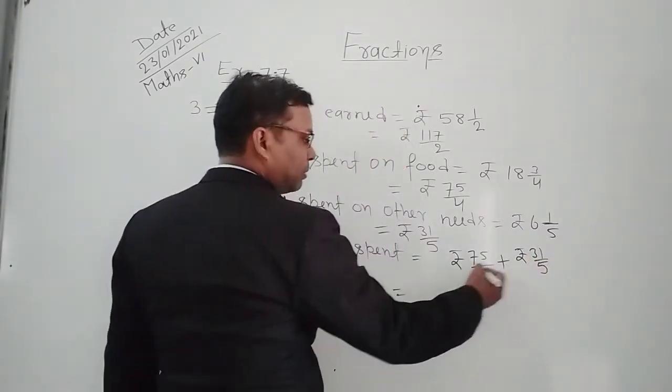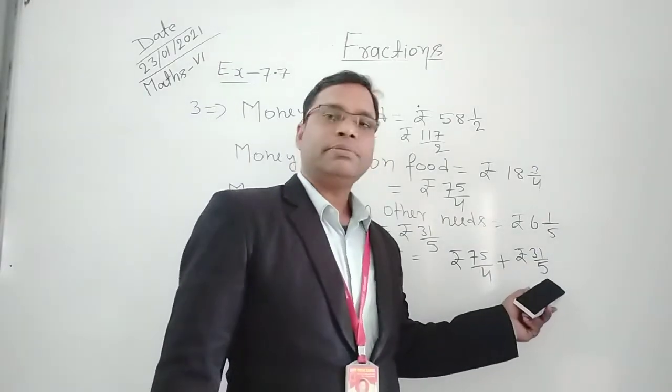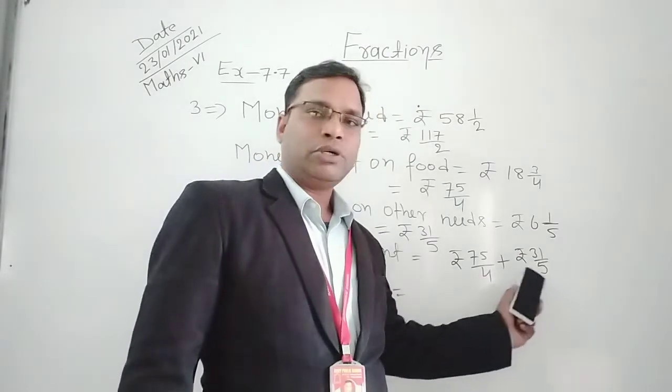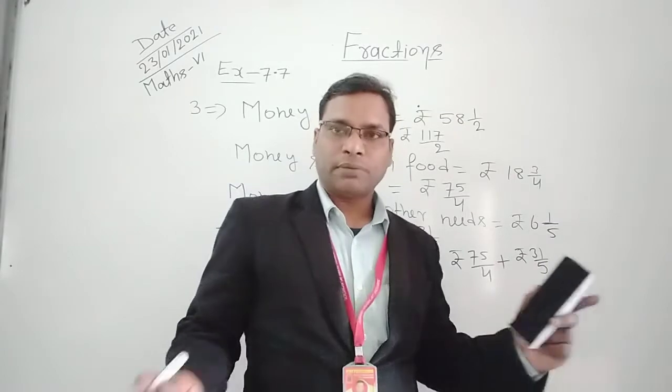So the LCM of both is 4 into 5. You can see here, 4 and 5 are co-prime numbers, and they are not multiples of each other, so their LCM is their product.